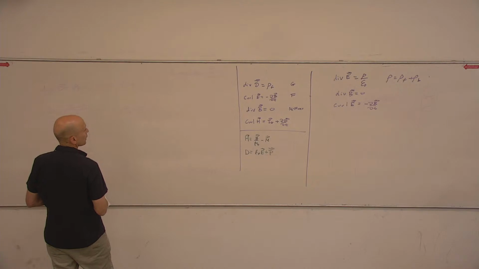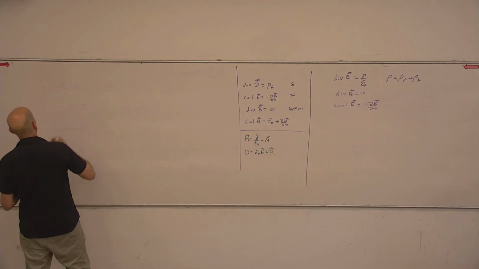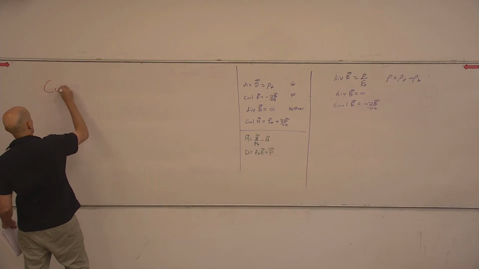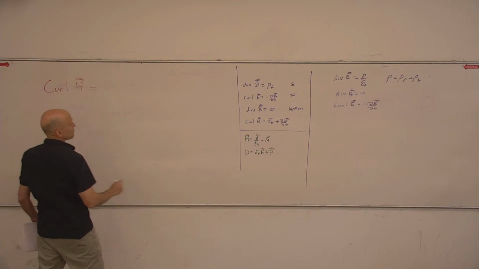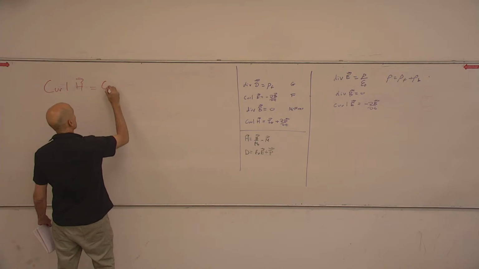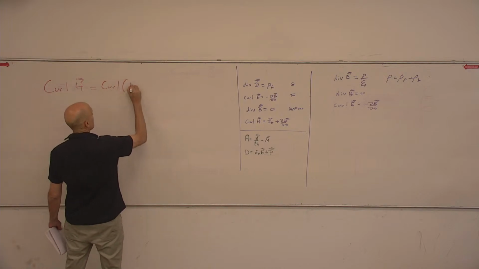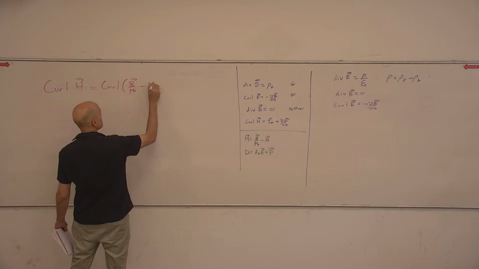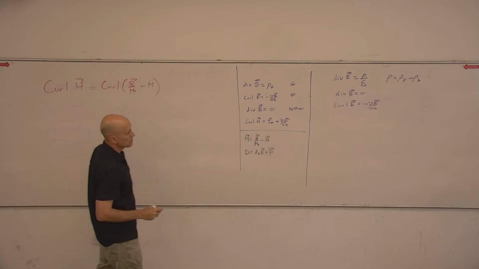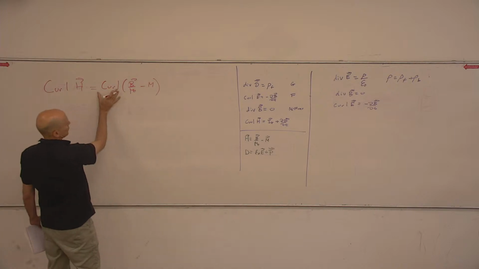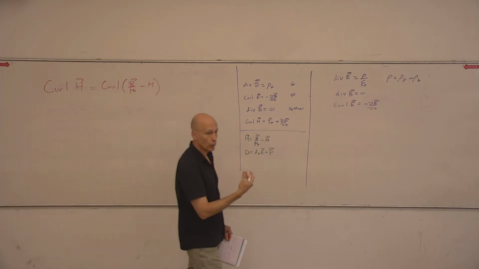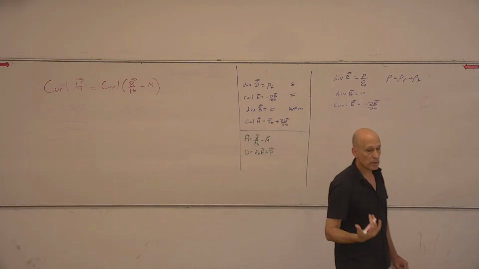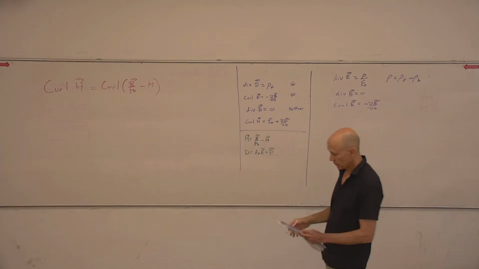Okay, so curl H, this is this one. I'm just going to plug in curl of B over mu 0 minus M. You see curl M? It's exactly what I said before. What is curl M? That's J B. I'm happy.